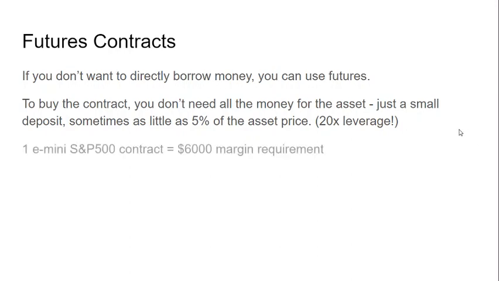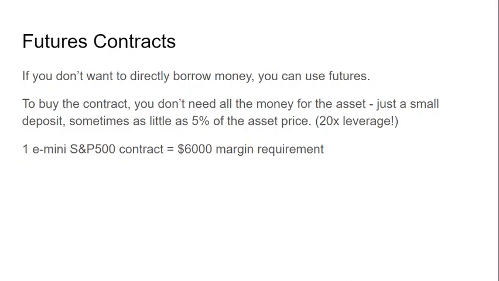For example, if you bought a contract of the S&P 500, that has a $6,000 margin requirement, okay? 20 times that, 20 times 6,000, which is 120,000. That is the amount of the S&P 500 that represents.